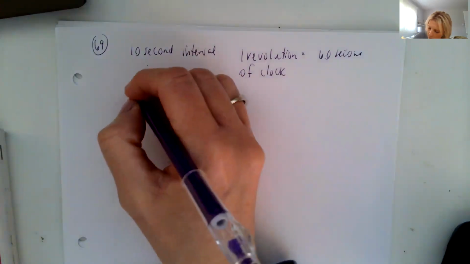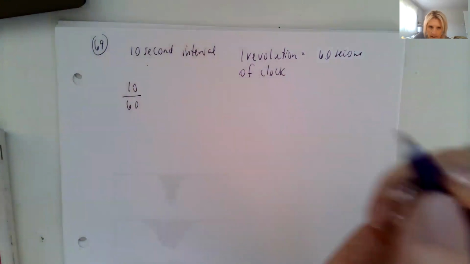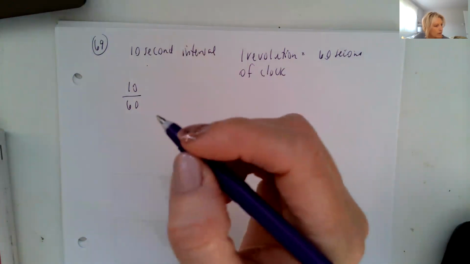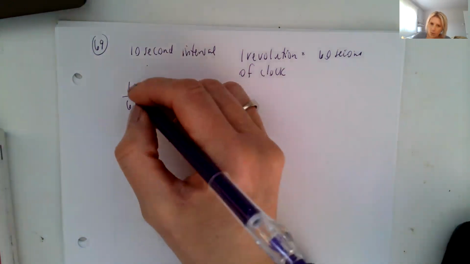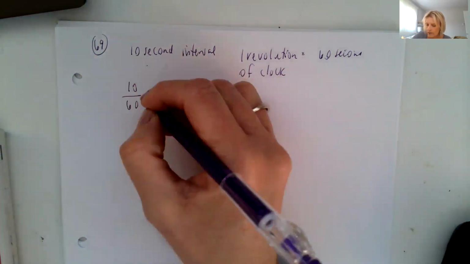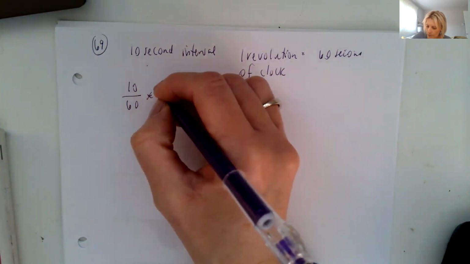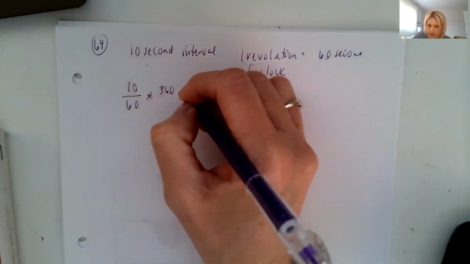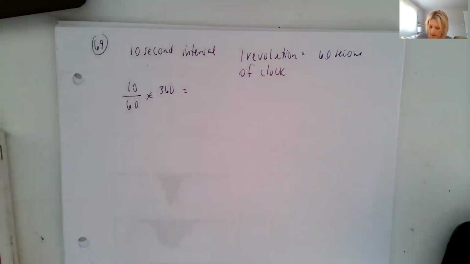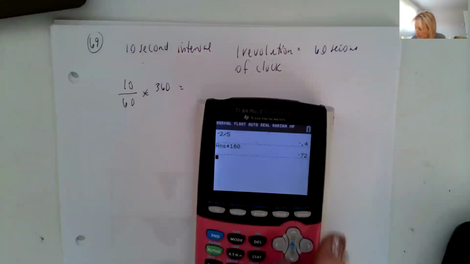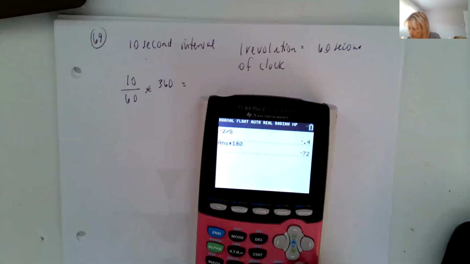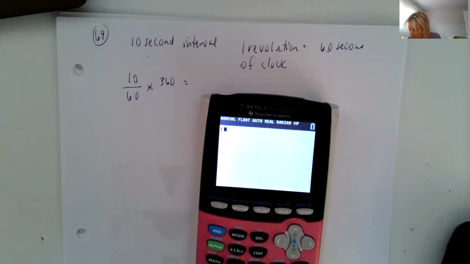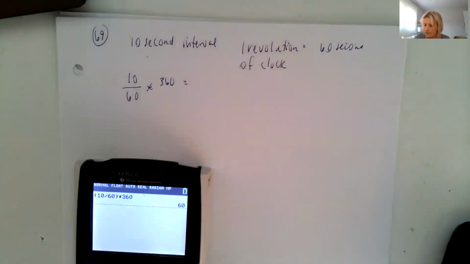So this went 10 of the 60 seconds. And they want us to put that in degrees. So 1/6 of the 360, right? So 10/60ths are 1/6. So we could put in parentheses 10 divided by 60, multiply by 360, which means that we went 60 degrees.